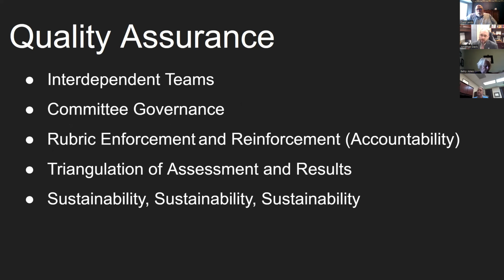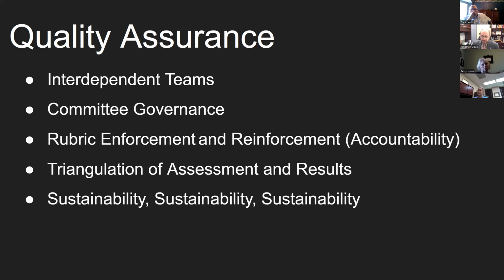You get different perspectives at every level: faculty, administration, top level leadership, and incorporating all of that feedback into quality improvement. The committee governance of the project, I think, creates some accountability along the way as well, and ensures not only the quality of the project, but the sustainability of the project as well. Rubric enforcement and reinforcement.